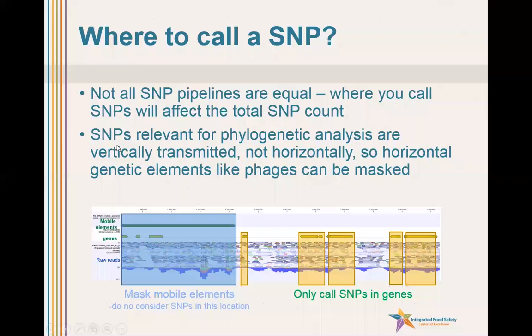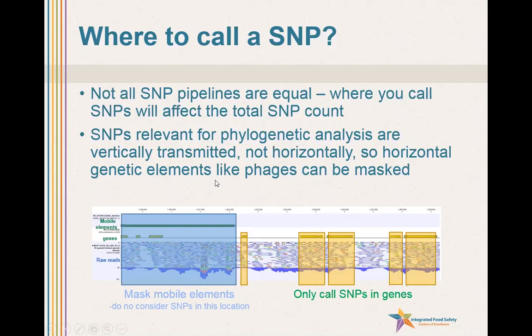Well, the second bullet specifically outlines this problem, and this is where we say that SNPs that are relevant and used for phylogenetic analysis are those that are vertically transmitted, not the ones that are moved around horizontally through things such as phages or genes that are affected by horizontal gene transfer. So in a high-quality SNP pipeline, you typically want to have sufficient biological and genetic understanding of the organism to be able to mask certain mobile elements.